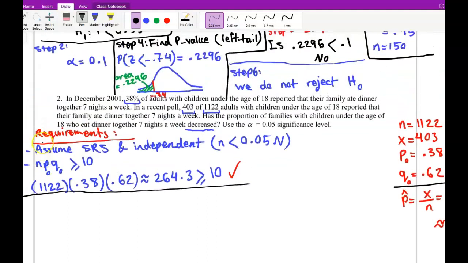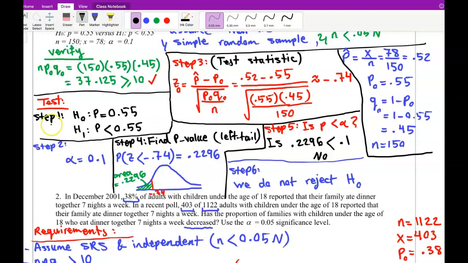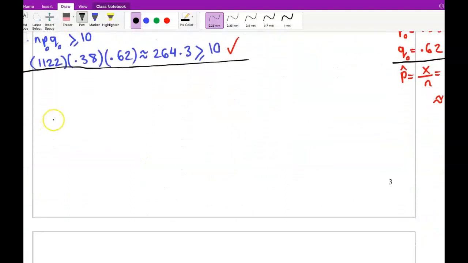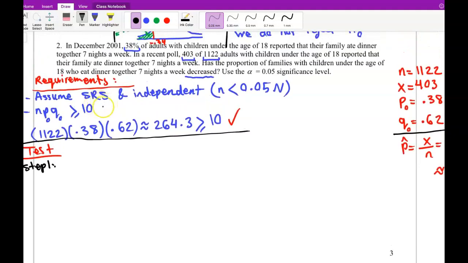Okay, now the test. So exactly like the previous part, after we verify all these requirements, then we're going to test, starting with step 1. Okay, null is our population proportion p is equal to p0, which is 38%.